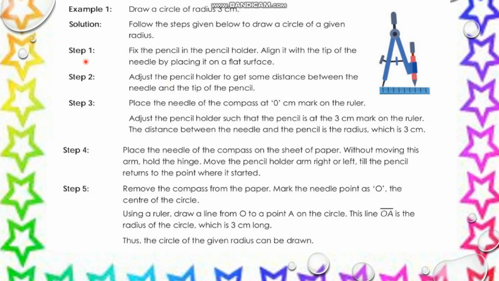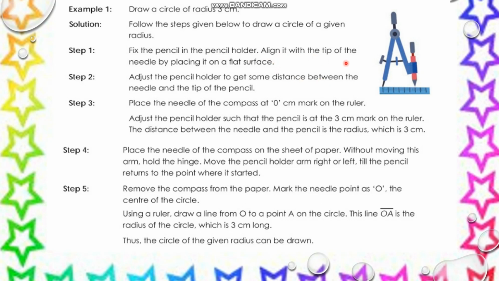So first example, draw a circle of radius 3 centimeter. How can we draw this, children? Let's check it step by step. First, you fix the pencil in the pencil holder. Take a compass and fix the pencil on the pencil holder.